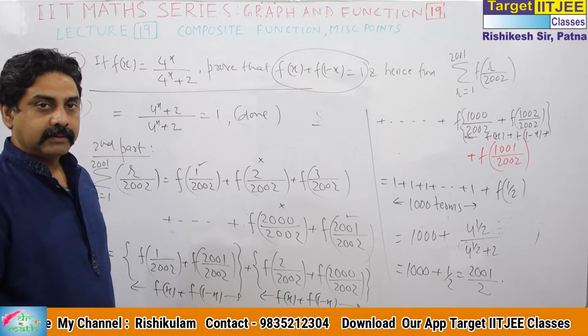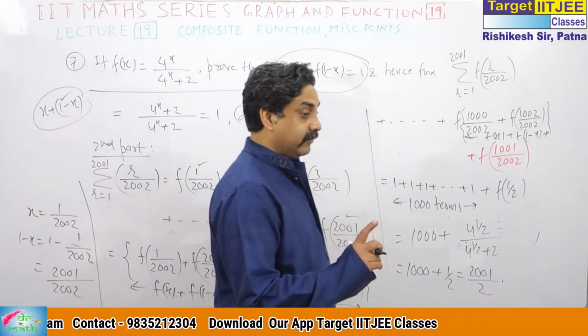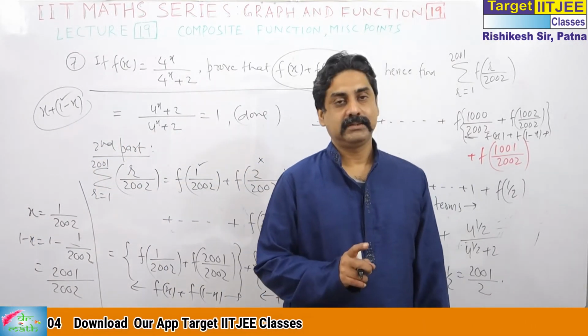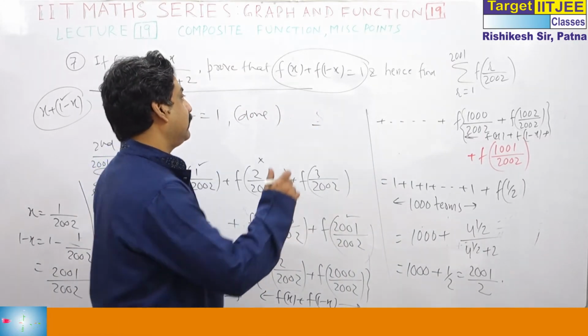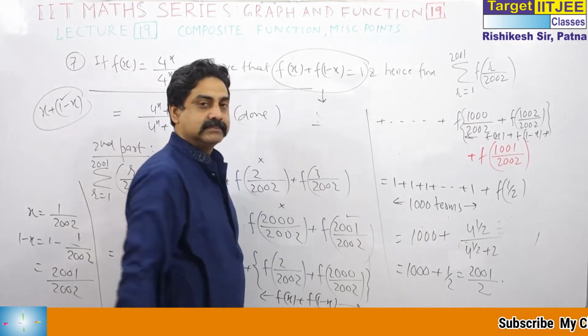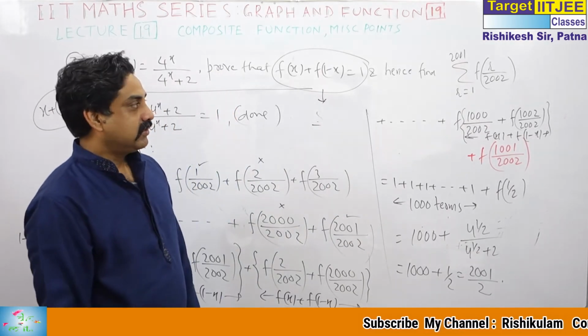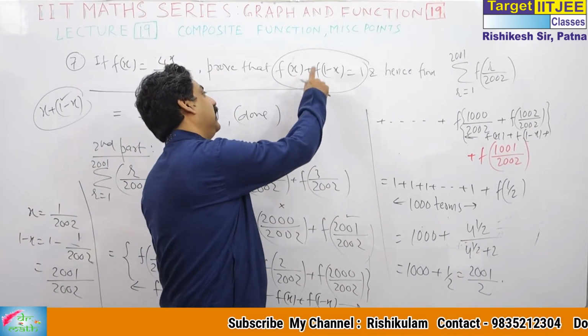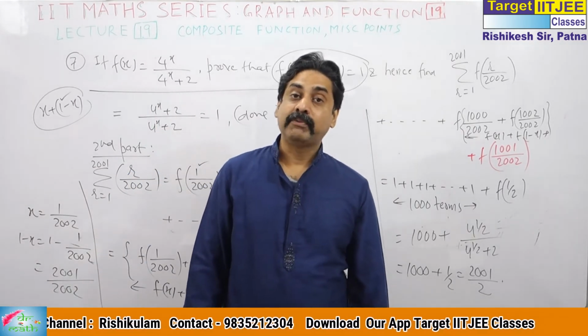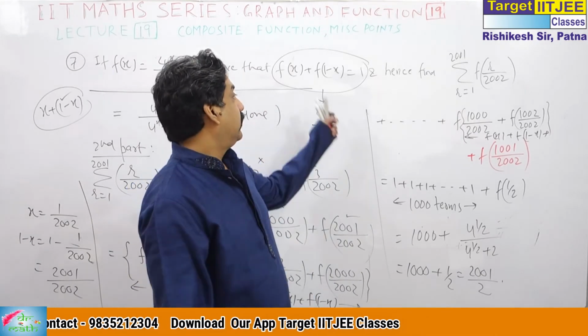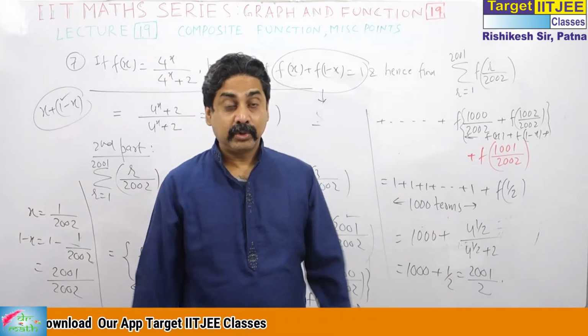This is the answer. But there is one very important point in examination. Sometimes this relation will not be given in the examination, and you have to guess such type of relation. Whether it is 1 or 2 or 3, we don't know.